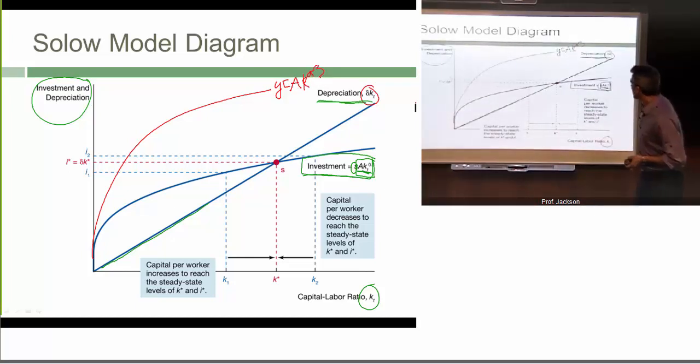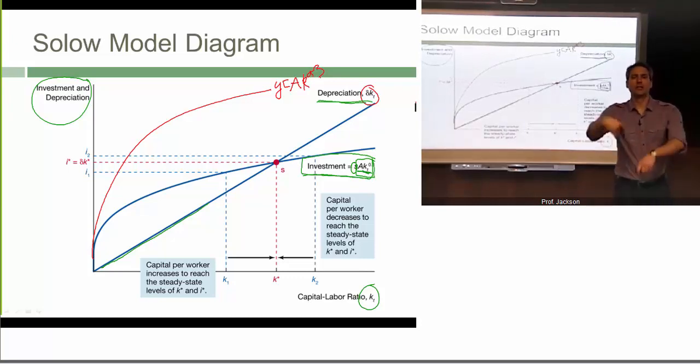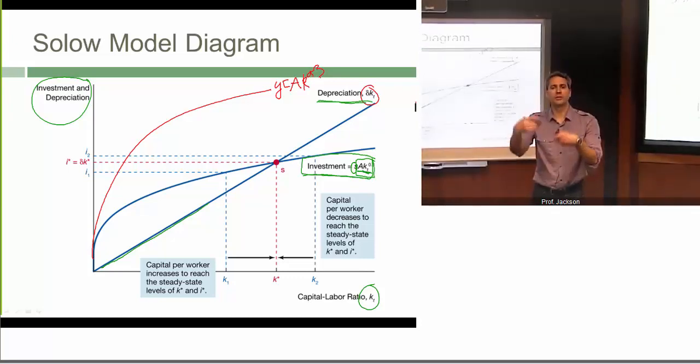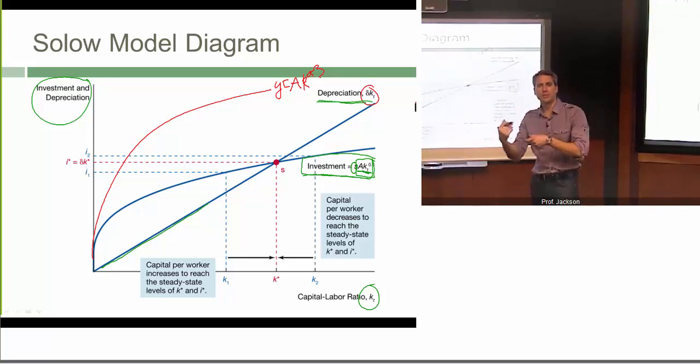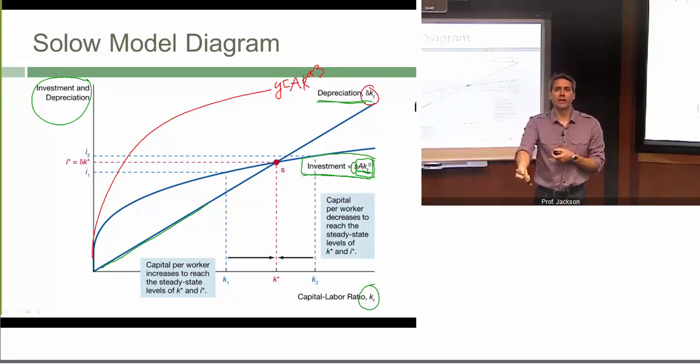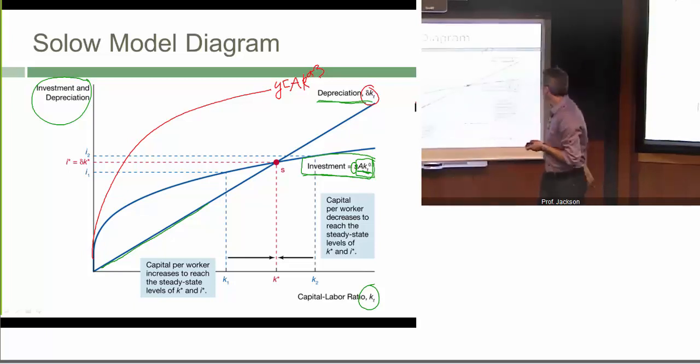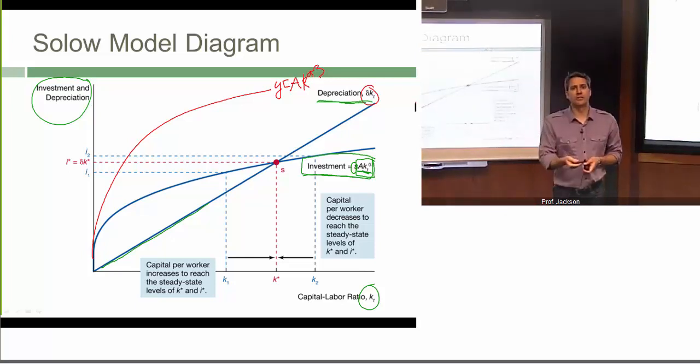The basic idea is as we increase the amount of capital stock, that's going to lead to more production. Higher production is going to lead to higher savings. Higher savings means we're going to loan more money out in financial markets, and that's going to lead to higher capital overall. That's why we get this investment function that is upward sloping. Now, again, you'll notice it's increasing at a decreasing rate.